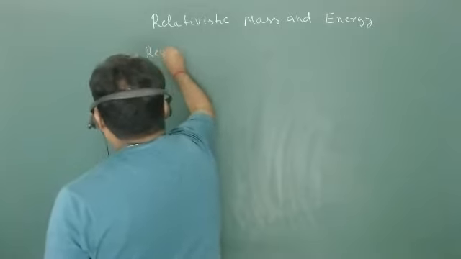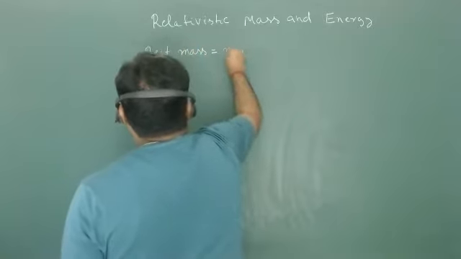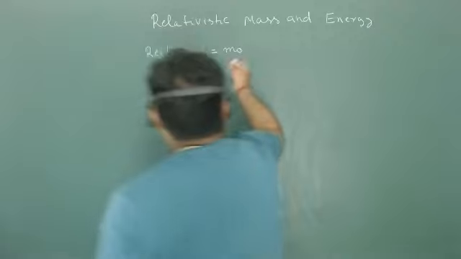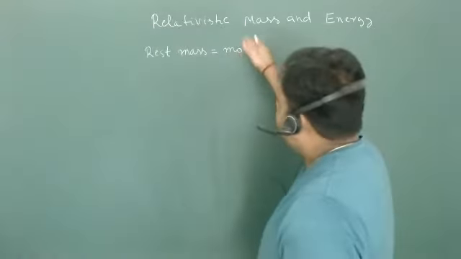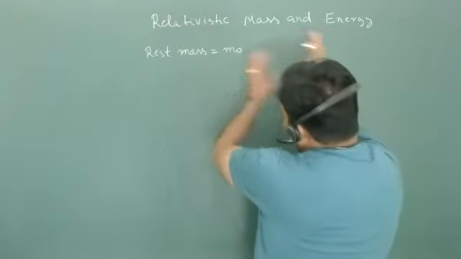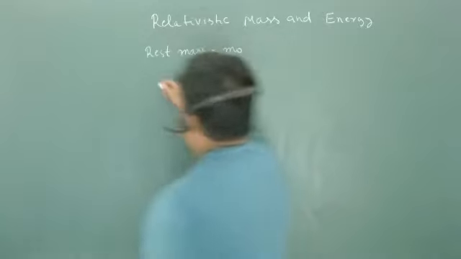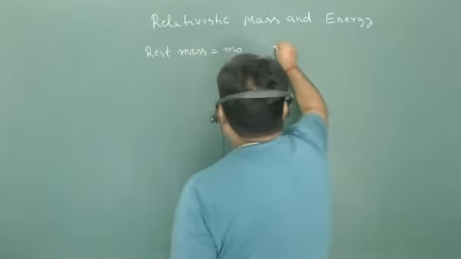So we have rest mass, which is identified as m naught. We can convert this mass into energy, and this energy is identified as rest mass energy.